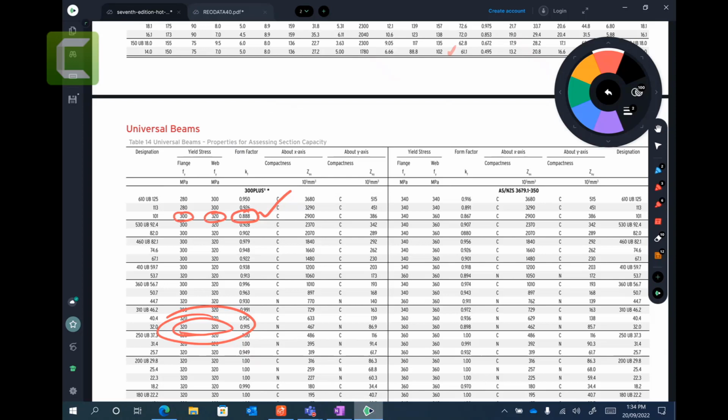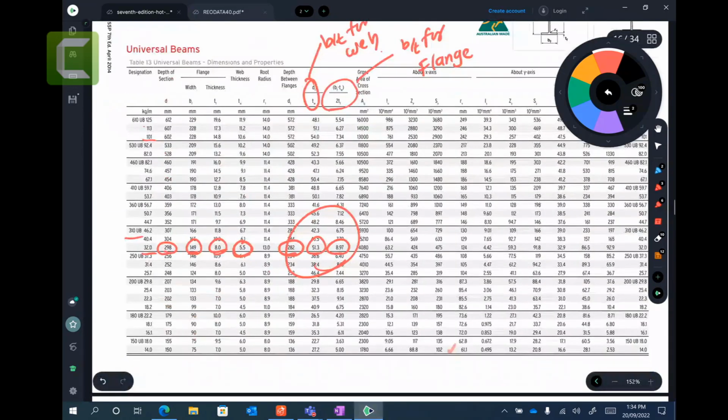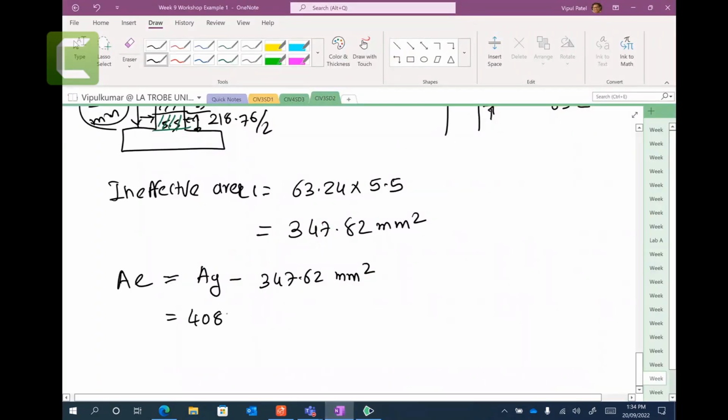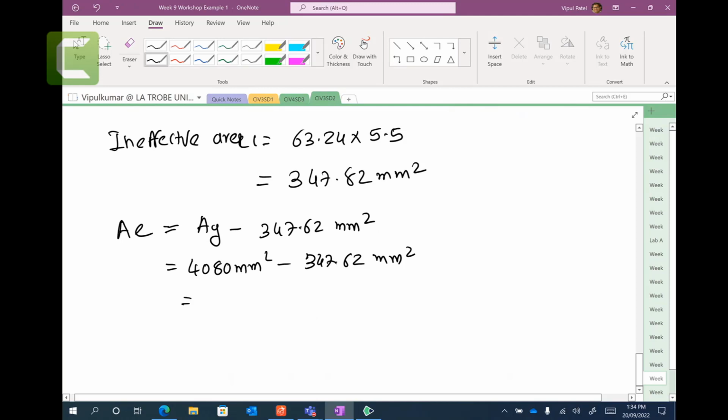The gross area, we can take it from here, that gross area 4080 millimeters square. 4080 millimeters square, take away 347.82 millimeters square. You get 3732.38 millimeters square. So the KF equal to effective area on gross area.